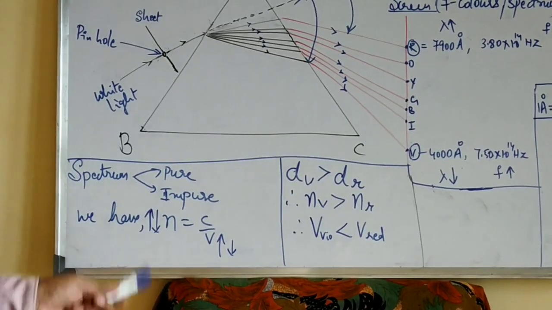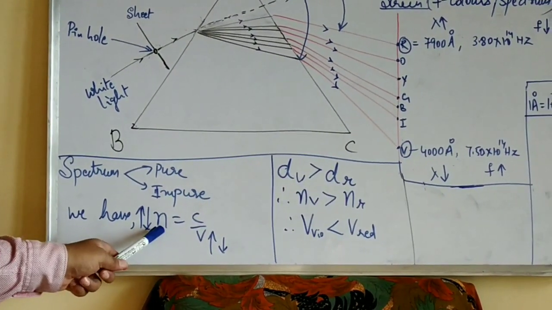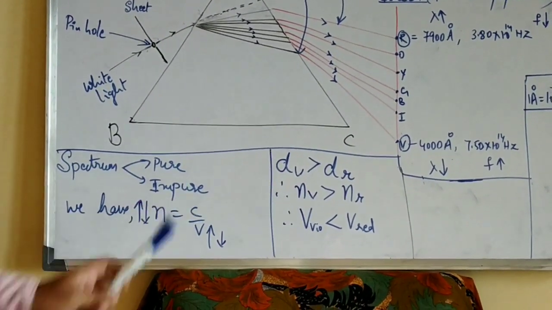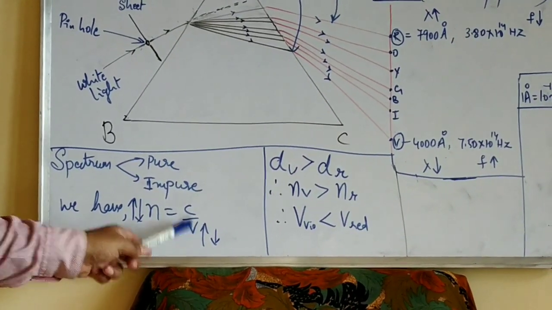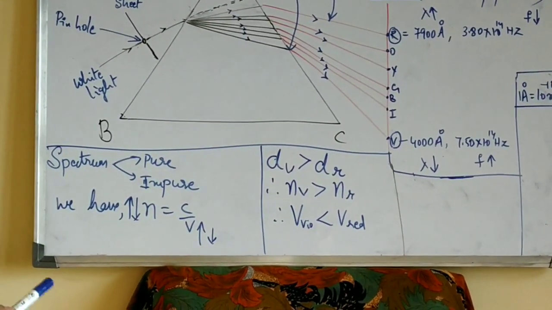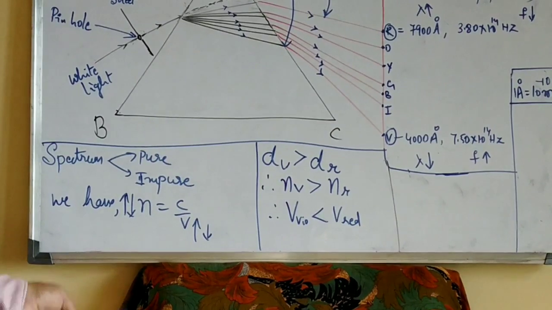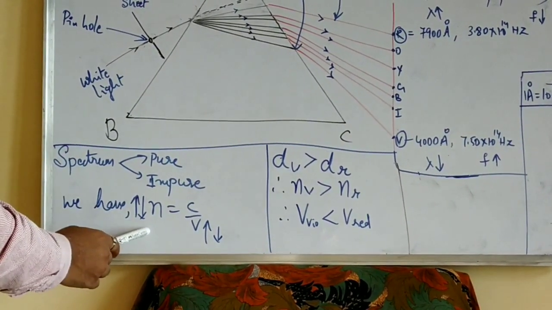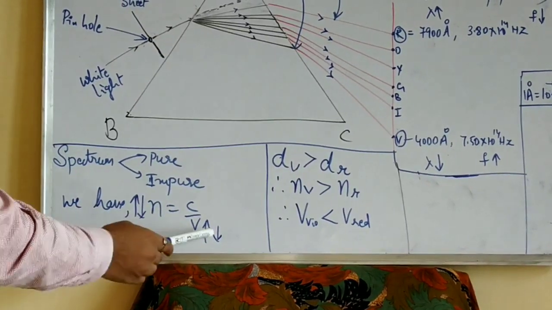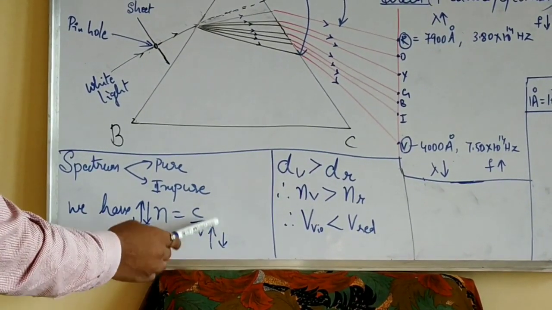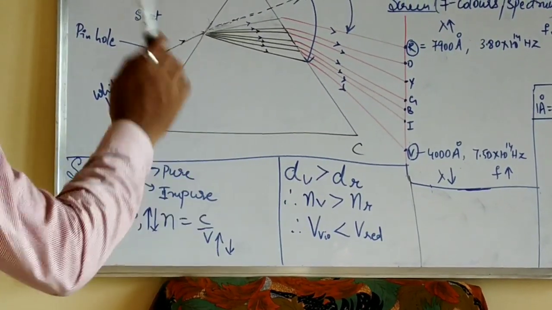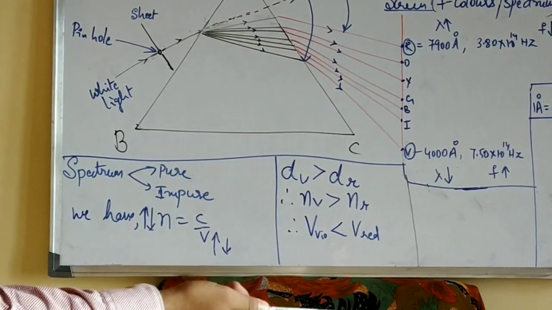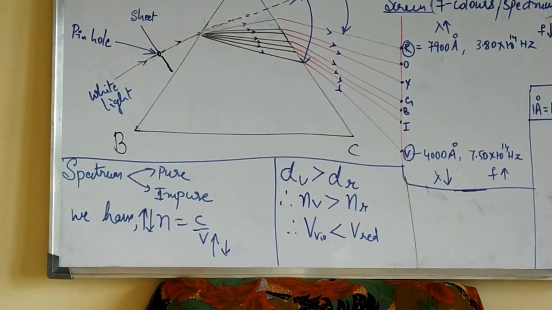Now we know the relationship between refractive index, speed of light, and speed of light in any medium that we learned in refraction: n = c/v. Compare only the refractive index with the speed of light in the medium, because speed of light in air or vacuum is a standard value, 3 × 10^8 meters per second.